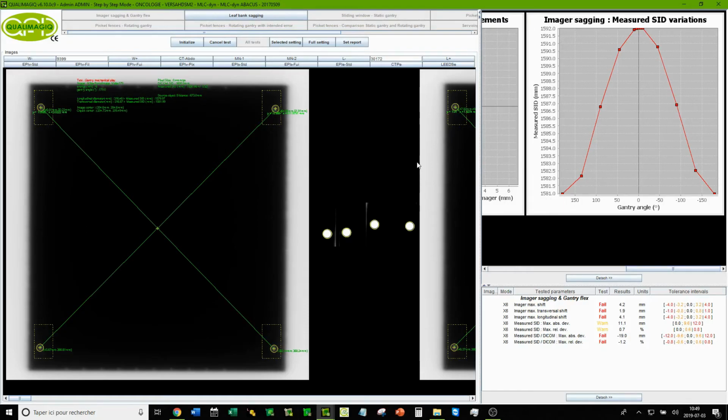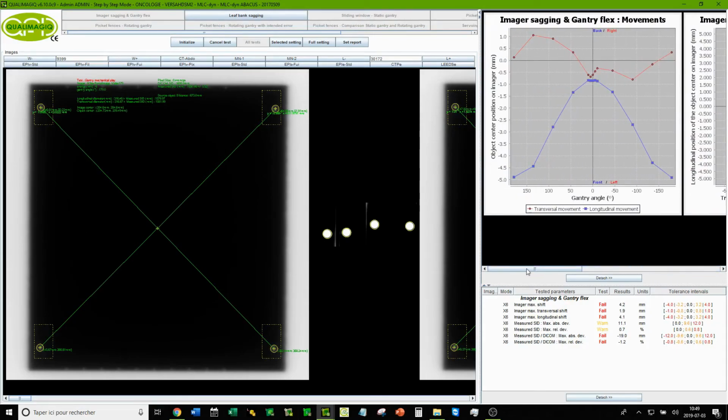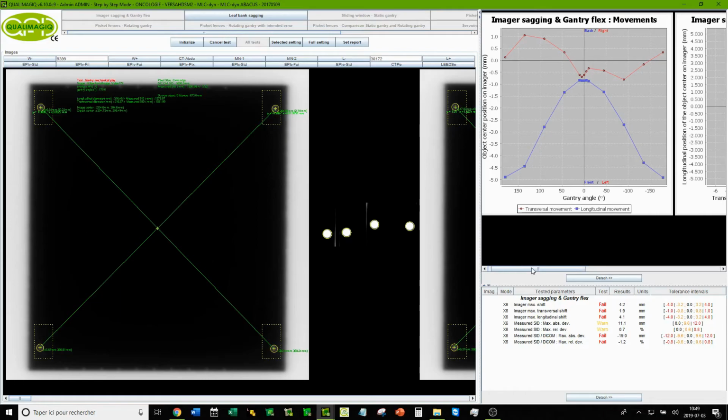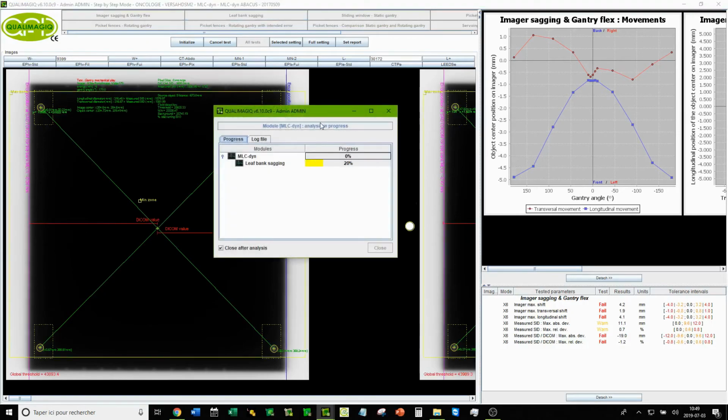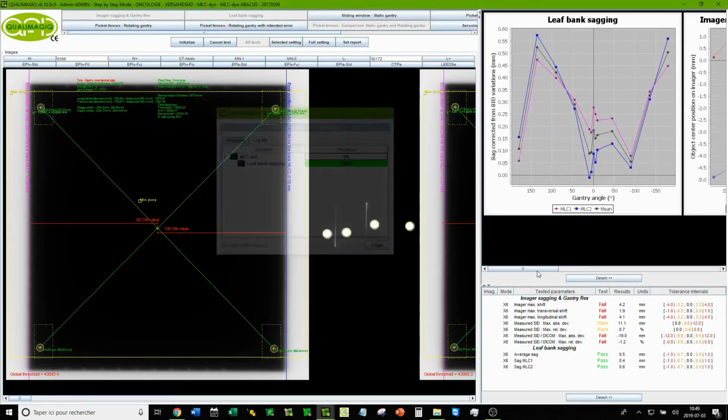It is therefore absolutely essential to deduct from the measurements the impact of imager sagging, gantry flex, and the variations in source imager distance. Of course, we can then also control leaf bank sagging. It was 0.6 mm in the Varian example.